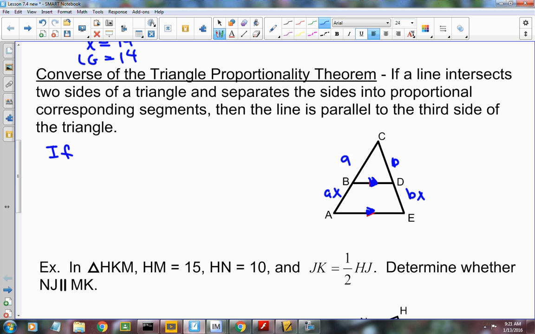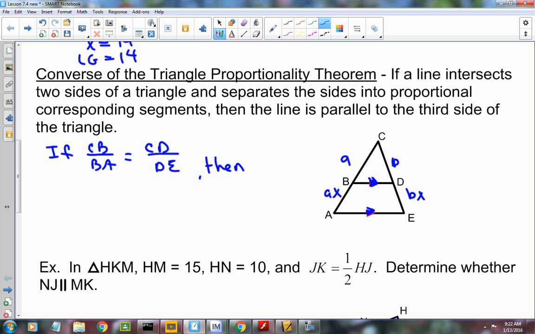So, if these parts are proportional, CB is to BA as CD is to DE, then I can say that BD is parallel to AE.